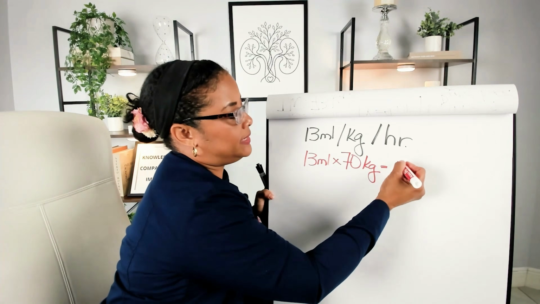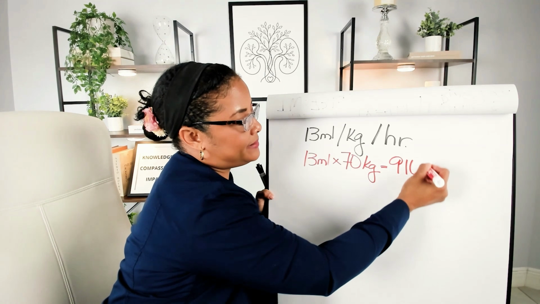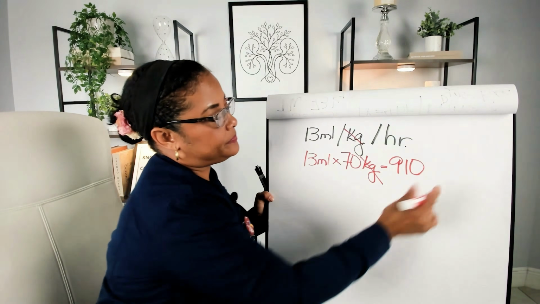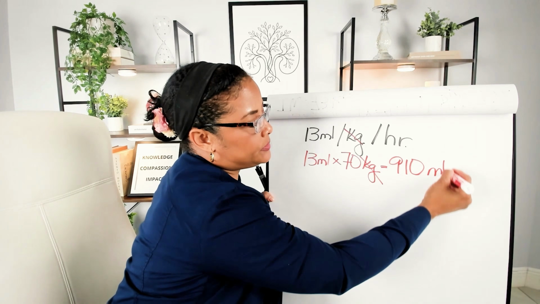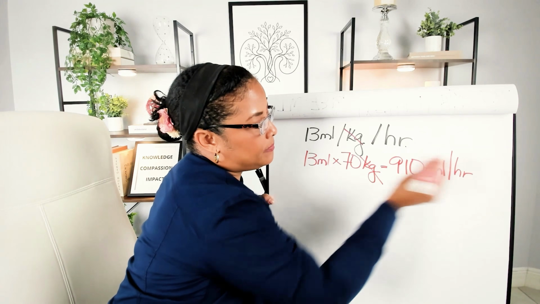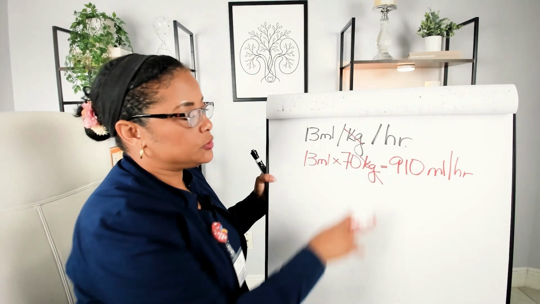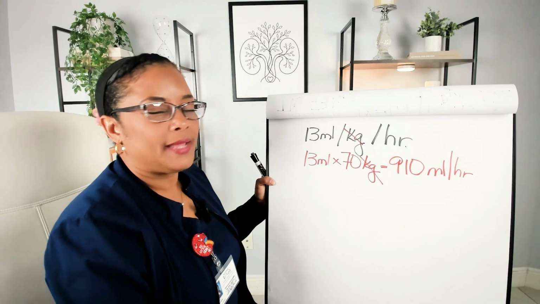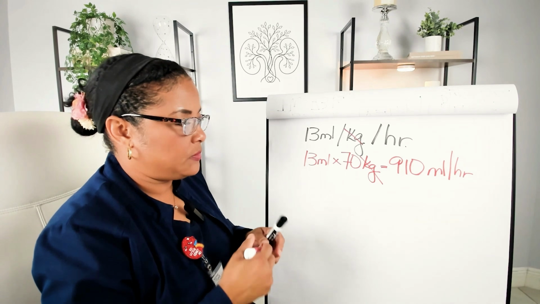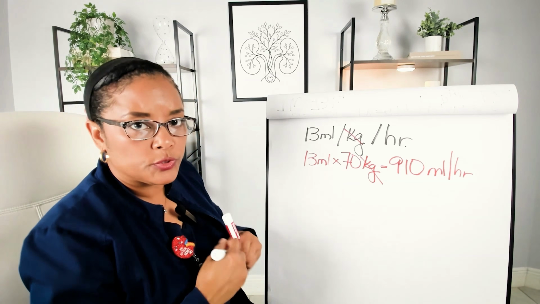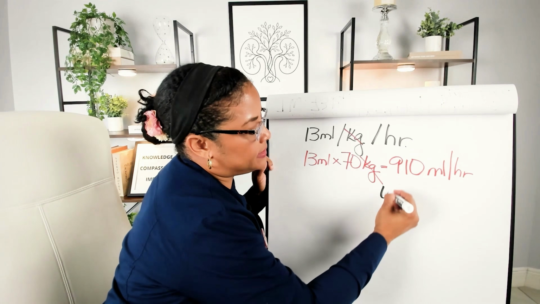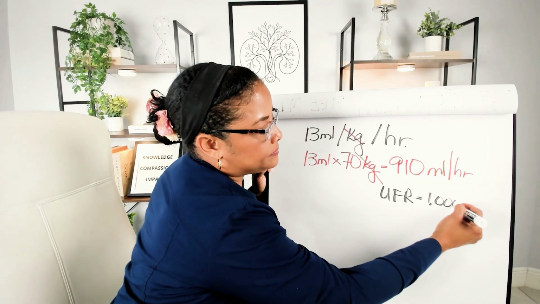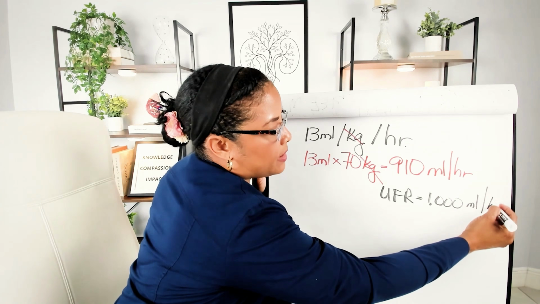This number here is 910. The kilogram will cancel out, and then I have milliliters per hour. So this would be my ultrafiltration rate. And in our calculation that we did, if you remember, we said that the ultrafiltration rate, UFR, was 1,000 milliliters per hour.